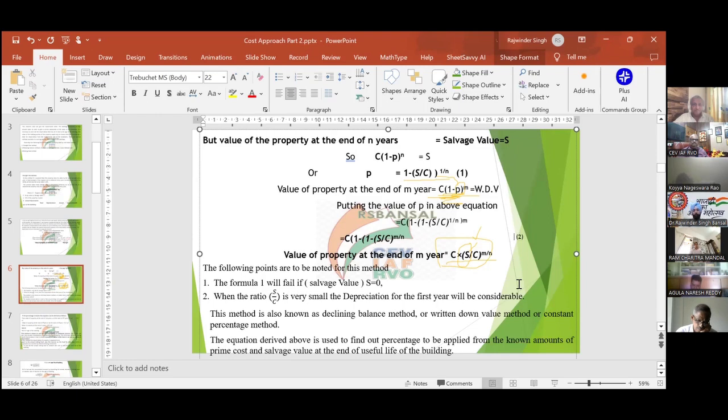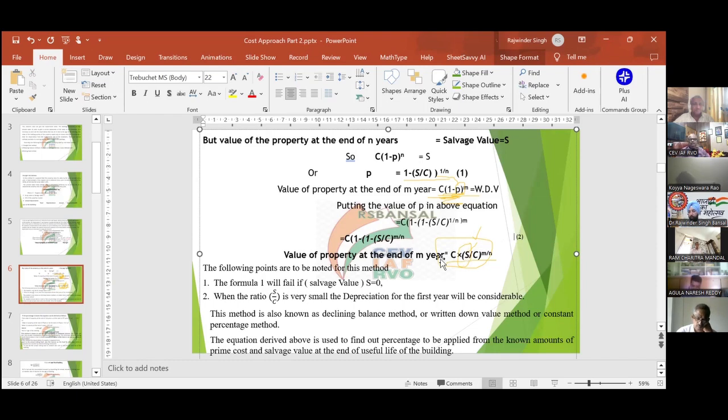You may use this formula, but it is applicable only if the value of S is known to you. If the salvage value is 0, as in the case of insurance, where you take the salvage value as 0, then this formula cannot be used, because S becomes 0.